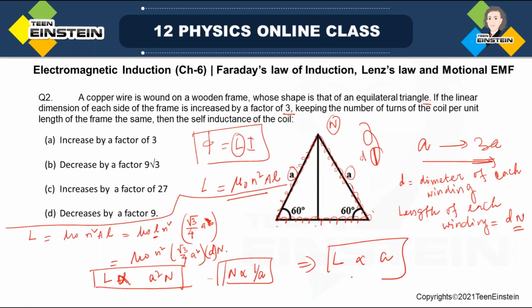That means the self inductance is proportional to the side of the wooden frame, the dimension of the wooden frame. That's how we can say that the self inductance of the coil will be increased by a factor of 3.